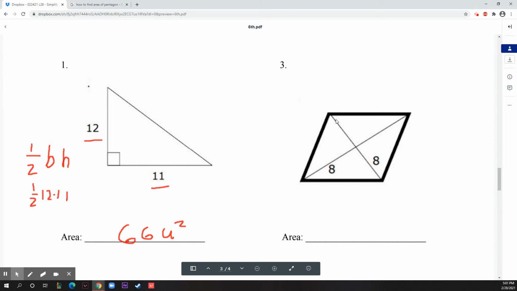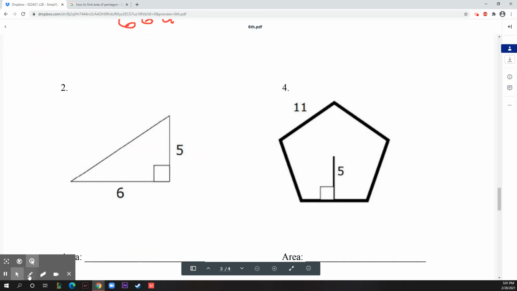Anyways, number 3 is really confusing and I'm not sure if I know the answer. So instead of that, we're going to be doing 2 and 4. Same thing, 1/2 base times height, 1/2 of 6 times 5, which is 3 times 5, which is 15.